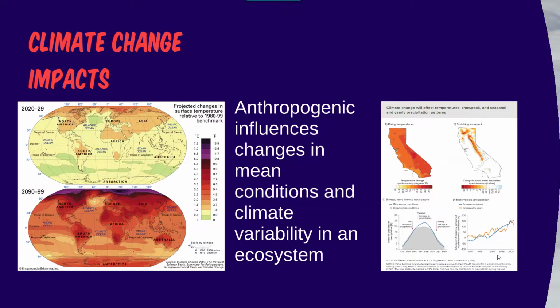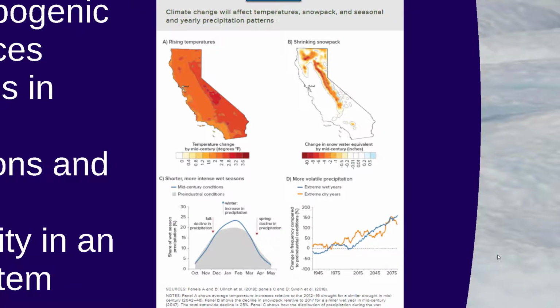Oftentimes, if you look at this on a more local level, we see influences such as rising temperatures in the upper left-hand figure, and overall shrinking snowpack in the upper right-hand figure, at least predictions anyway.